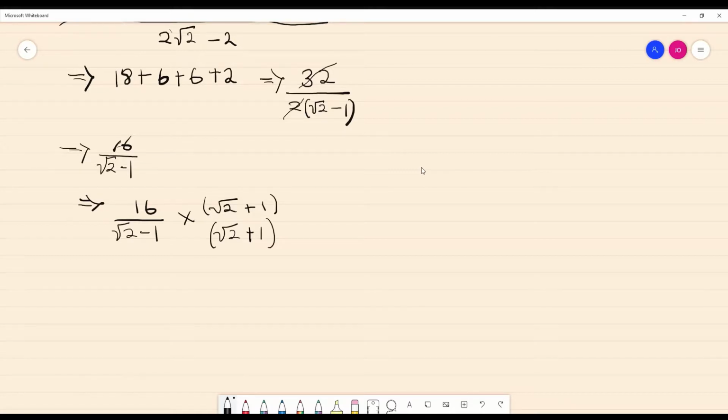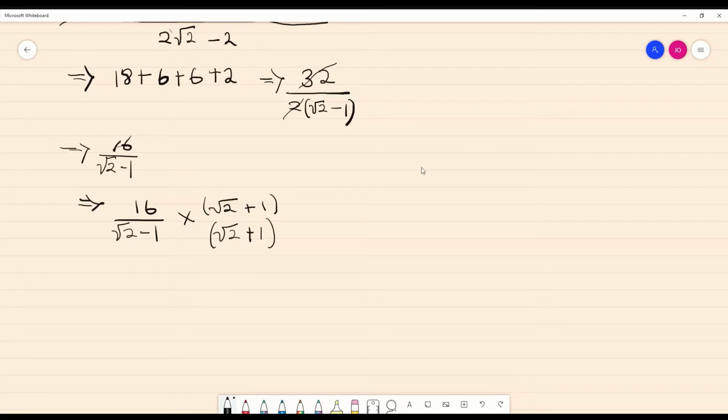So when we rationalize the denominator, we're trying to make the value a rational number. So in this case, to rationalize root 2 minus 1, we multiply both the denominator and the numerator by root 2 plus 1. So what we're doing is we are inverting the operator from minus to plus.